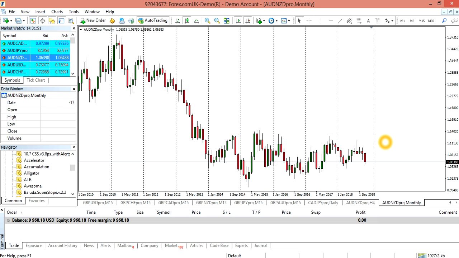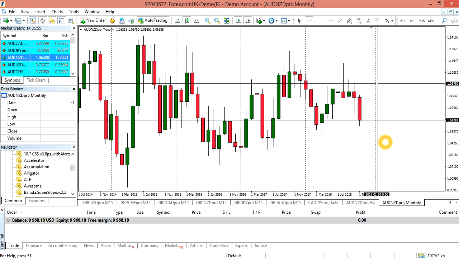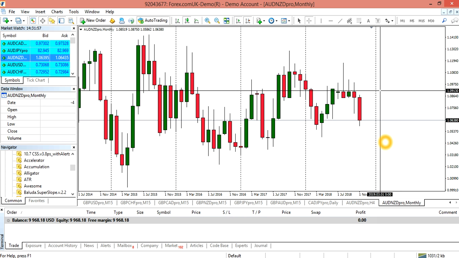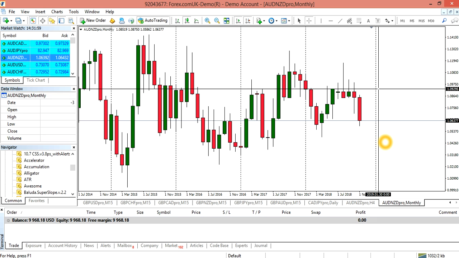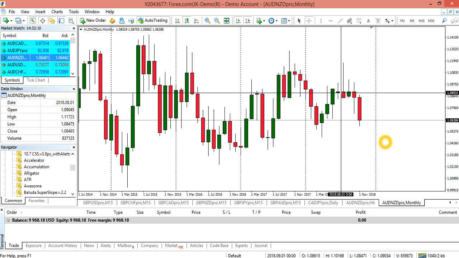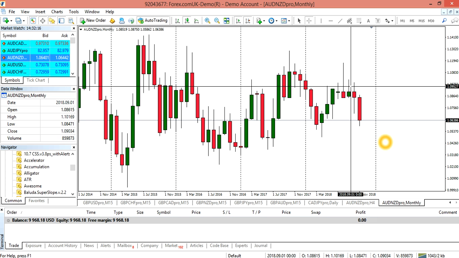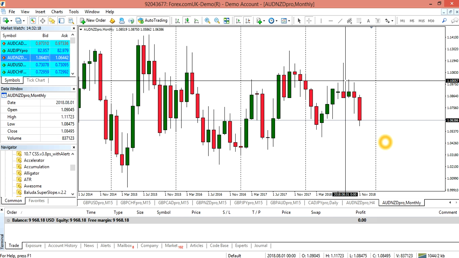Now, if you look at this, I want to show it to you on a higher time frame. 1.0952 will be about here. And that is very good, because if you look carefully here, this is an area of resistance. The market has been trying to break this, but has not been able to go higher.